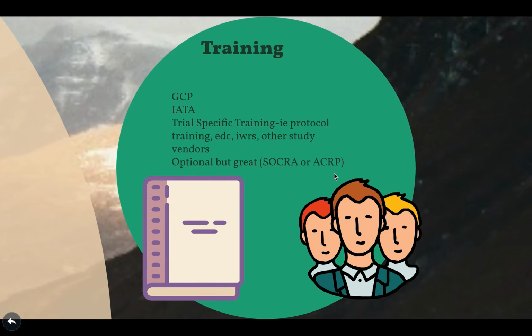As a monitor, the better coordinators are all ACRP certified. Oh, yeah? Okay. Yep. ACRP, Association of Clinical Research Professionals, or SOCRA, Society of Clinical Research Associates. I think ACRP is more appropriate, but if somebody at your staff has SOCRA or wants to get SOCRA because they want to be a CRA, get them that.